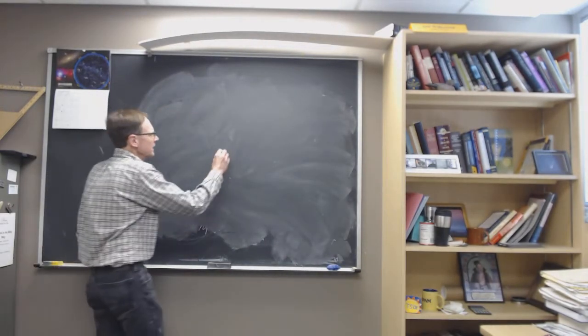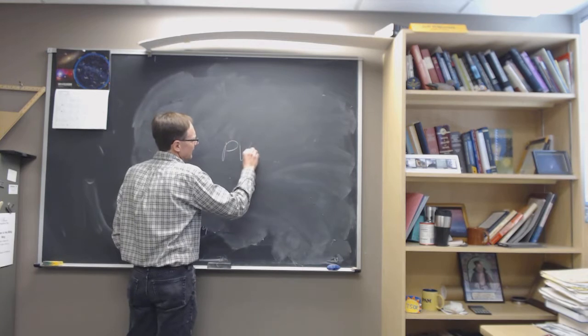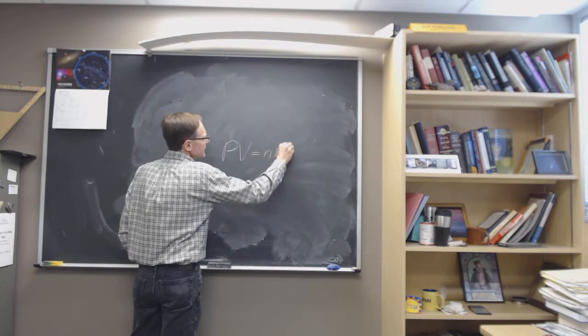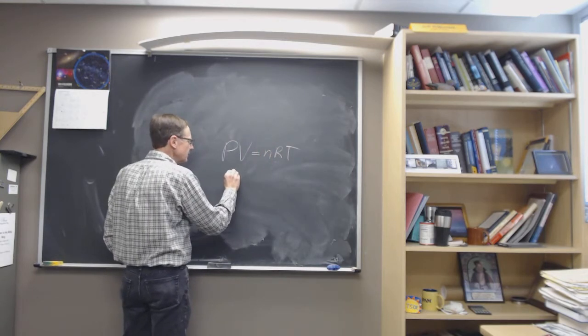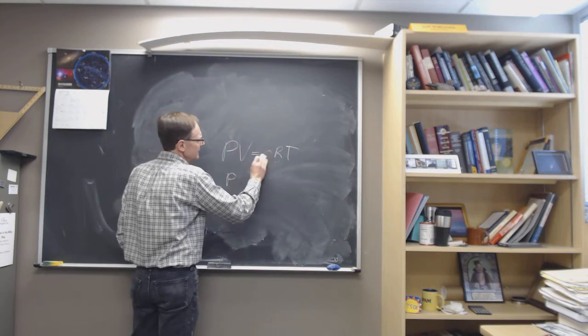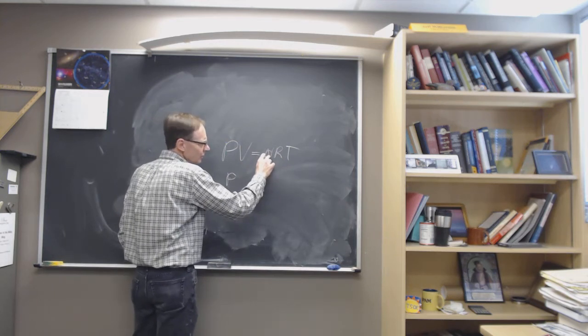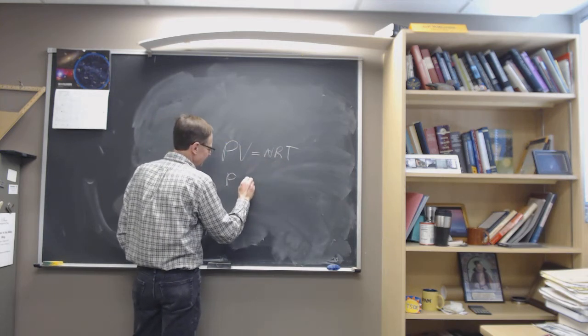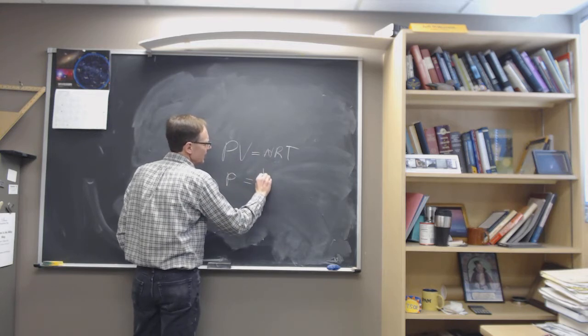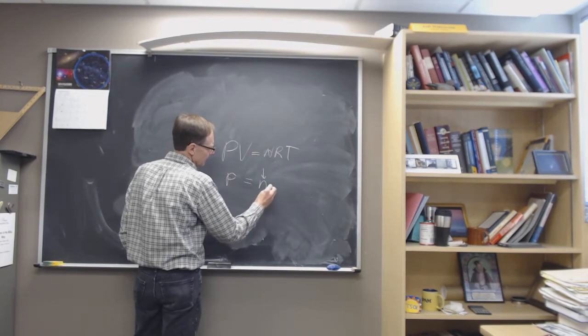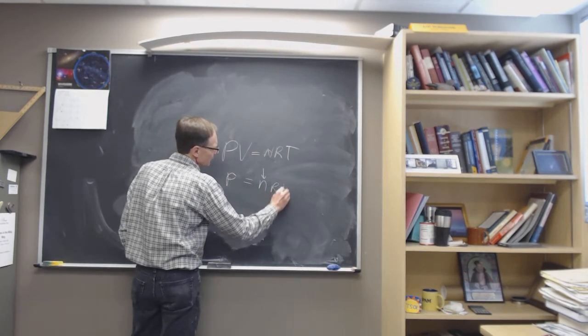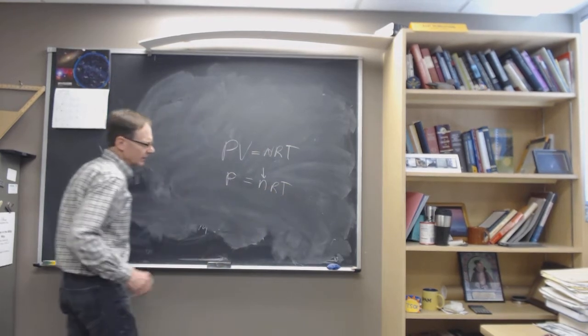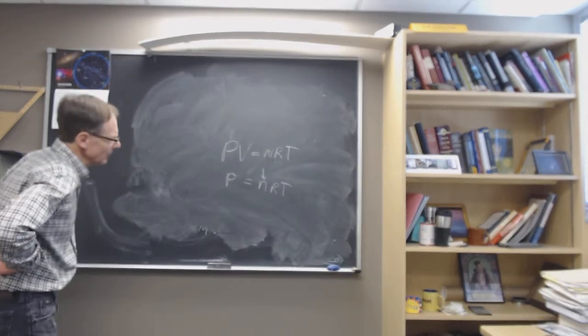So we're just going to write down the ideal gas law again, right? This is P = nRT. If we take the volume and divide it out, and we call that the number of moles or the number of particles, if we put k in there, this becomes a small n, which is the number per volume of particles. Number of moles per volume if we're using R, number of particles if we're using k. We don't really care.